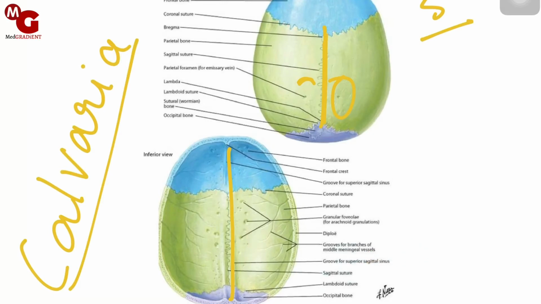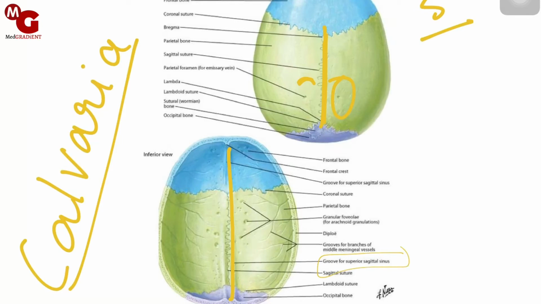Groove for what? Groove for superior sagittal sinus. This is a part of the dural venous sinuses, not the paranasal sinuses. Paranasal sinuses come in the airway, but the dural venous sinuses are what interests us in neurology.